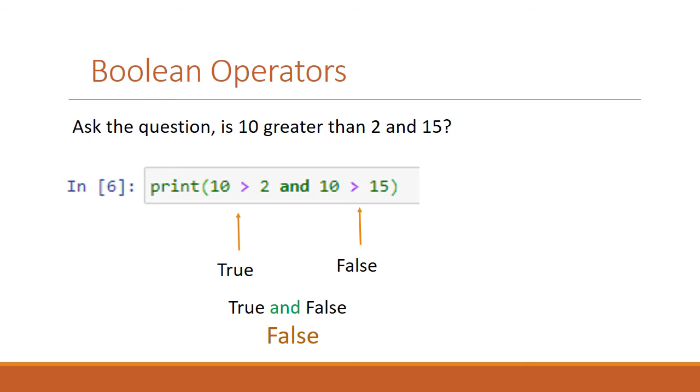Then it evaluates the expression 10 greater than 15, which is false. Now our Boolean operator AND can operate on the Boolean values true and false. Well, with the AND operator, both of them have to be true in order for the result to be true. But true and false is false.